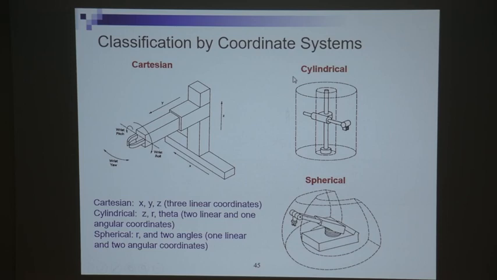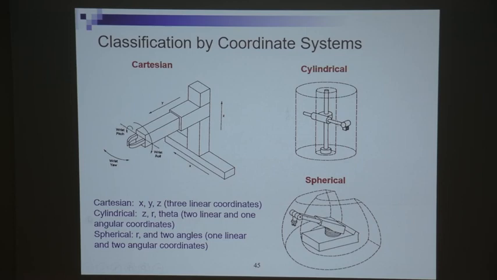You can also have a cylindrical coordinate system. What happens in a cylindrical coordinate system is you have z, r, and theta. This manipulator itself is moved along this single z axis. Then you have your r, which is the radius of the cylinder, and the theta will be the angle that it makes with the horizontal.